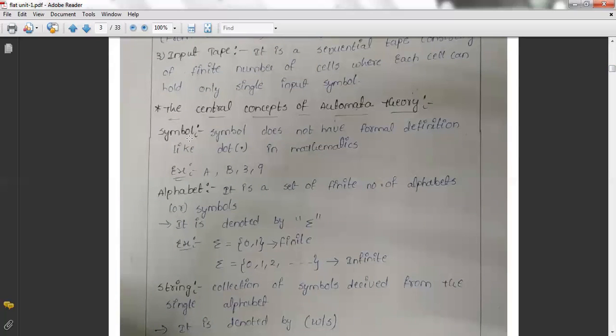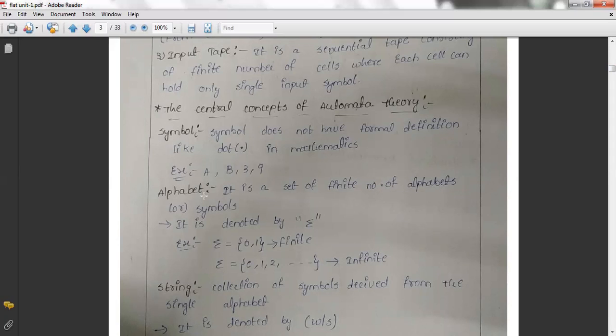Coming to the next one, alphabet. What is meant by an alphabet here? It is a set of a finite number of alphabets, or a finite number of symbols. It is always denoted by sigma. We are going to mention how many finite number of symbols are there.